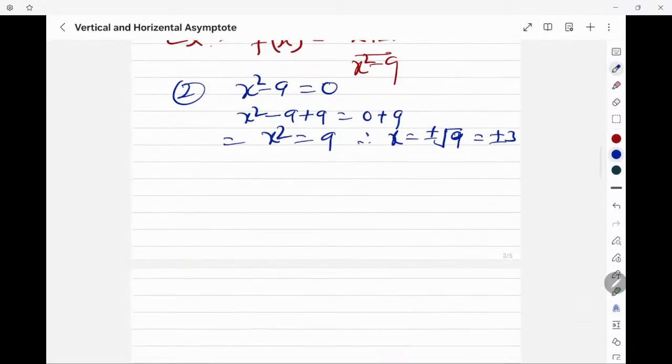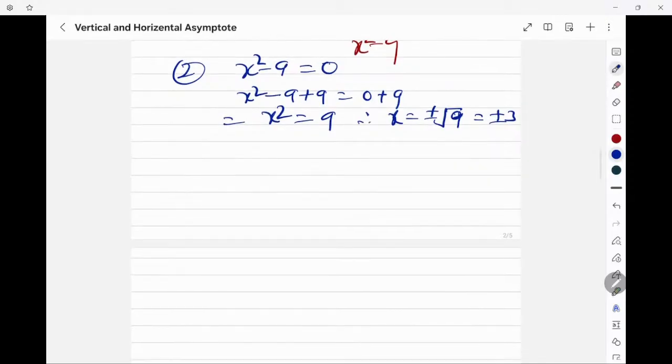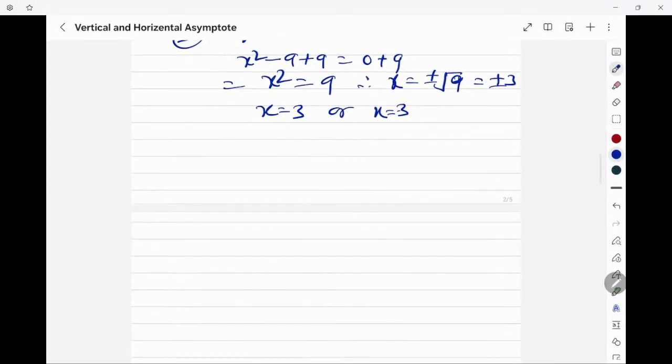So there are two asymptotes, x equals 3 or x equals minus 3, of the given function.